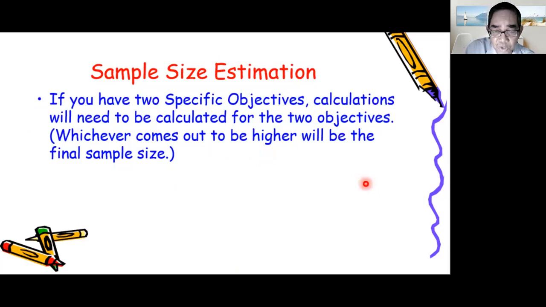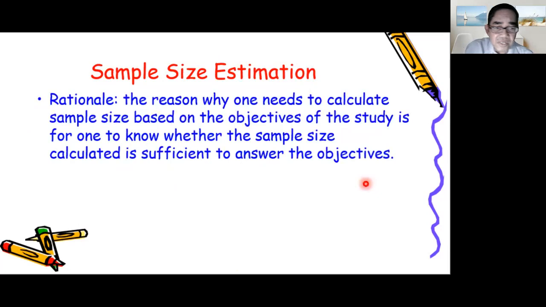If you have two or more objectives, we calculate the sample size for each objective, and whichever comes out to be the highest will be the final sample size. And the reason for calculating the sample size based on the objectives of the study is for one to know, as I said a while ago, whether the sample size calculated is sufficient to answer the objectives of the study.